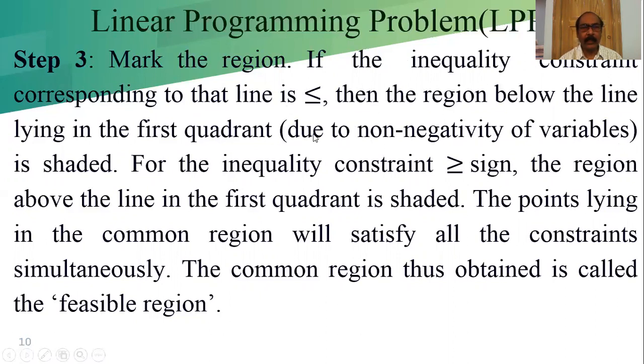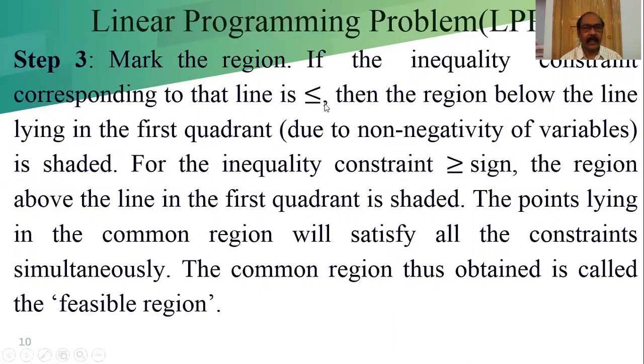And how to check? If we put (0, 0) in the inequation and it is satisfied, then the side on which the origin lies is the feasible region. If it is not satisfied, then the opposite side of the line is our feasible region.